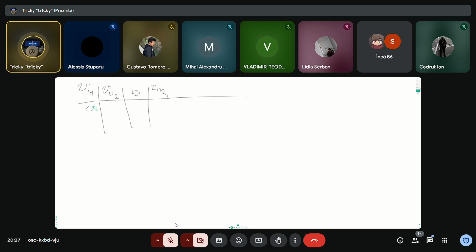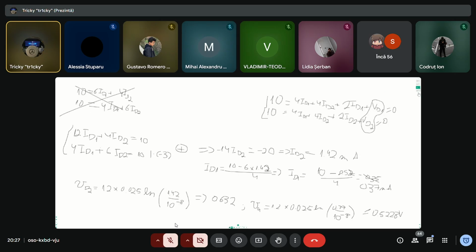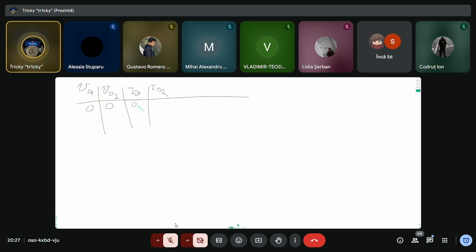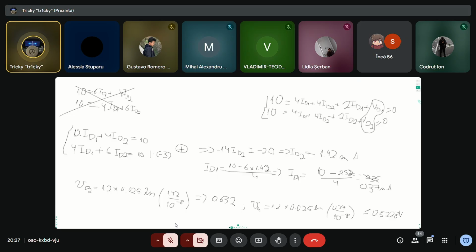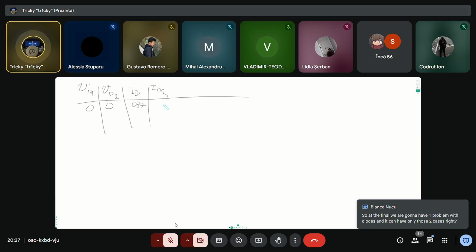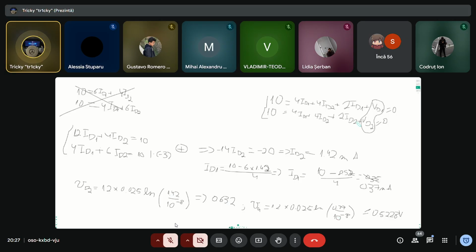So when both of these were 0, our currents were: ID1 was 0.37 and ID2 was 1.42. All right. And then we have these currents. We have these voltages over here. Make sure you guys put the unit of measurement.